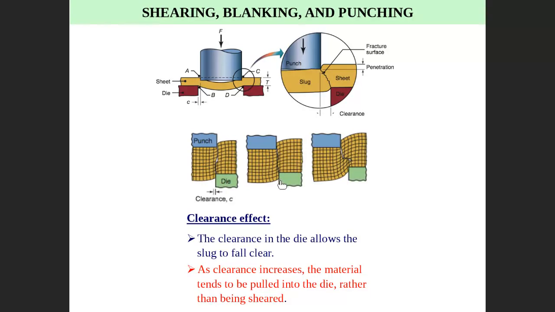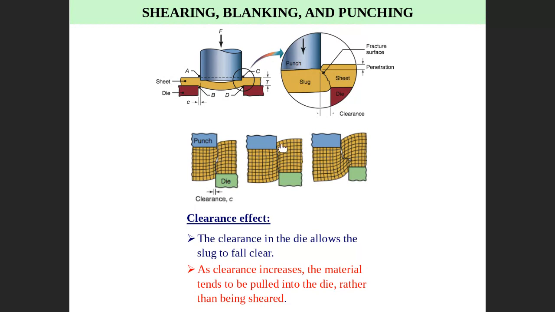Someone will ask me, what is that in between? Actually, it is recommended that the clearance should be within 4 to 8% of the thickness. What thickness? The workpiece thickness, the sheet thickness.